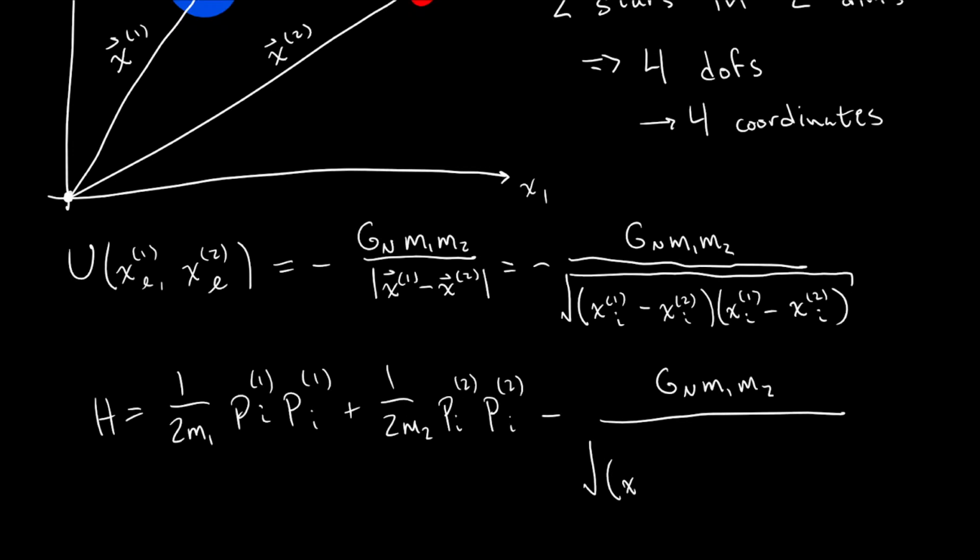Okay, this looks horrible. This looks absolutely awful. I'm not even going to bother dealing with the equations of motion in this form because they're just going to look completely ridiculous.